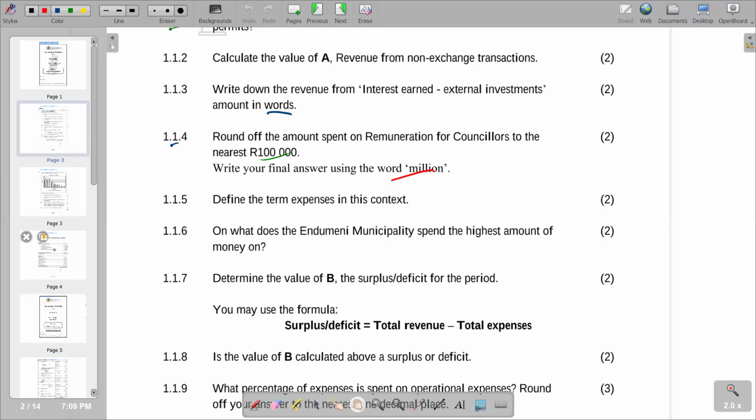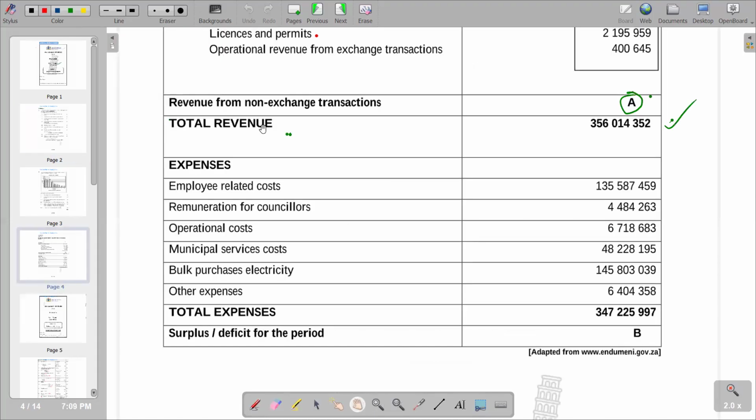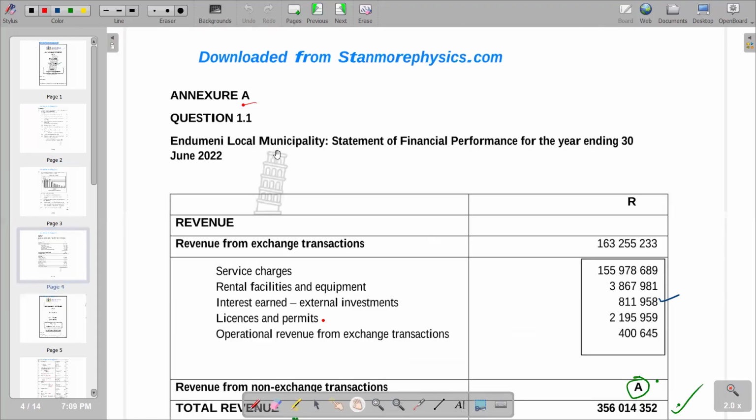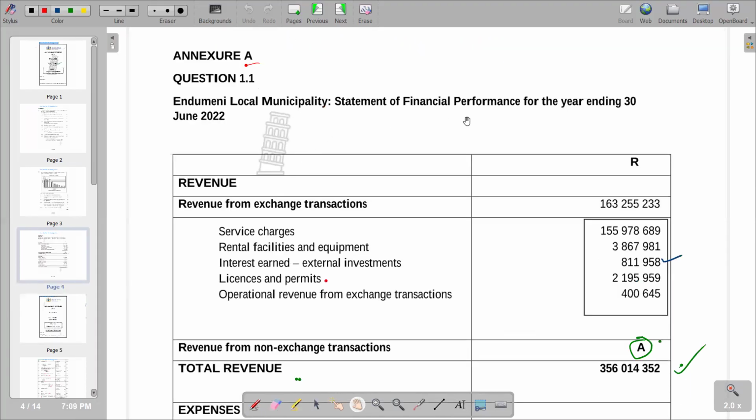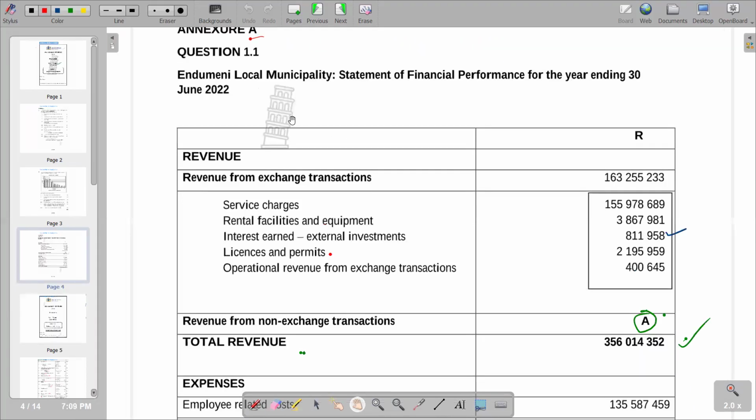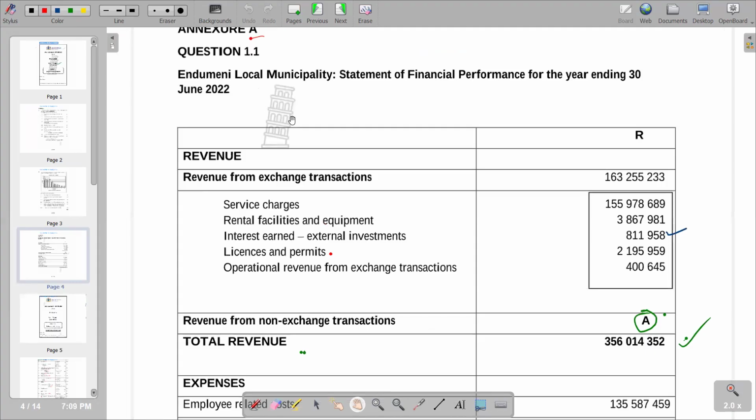So remember, if you go to our next sheet, you'll see that this is an annexure, a statement of financial performance for the Ndume local municipality. An expense, we are defining within the context of this statement of financial performance. It's the amount of money spent by the municipality.